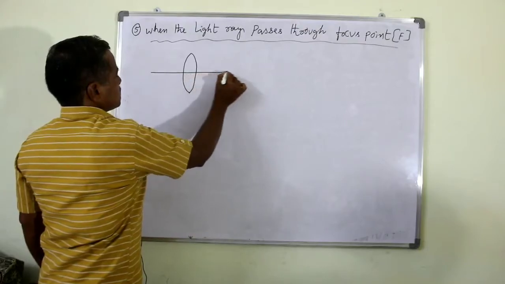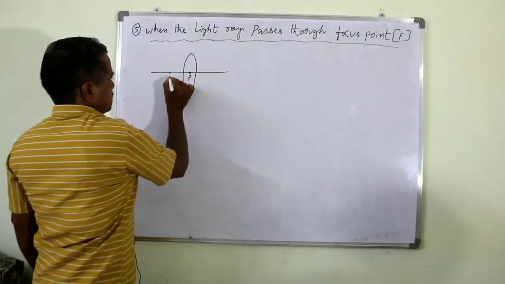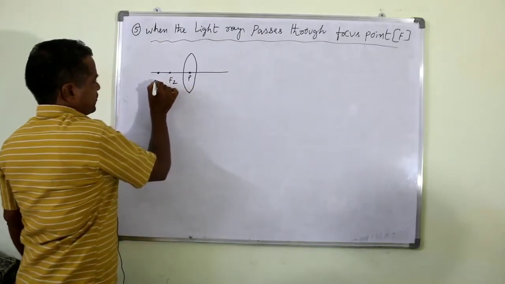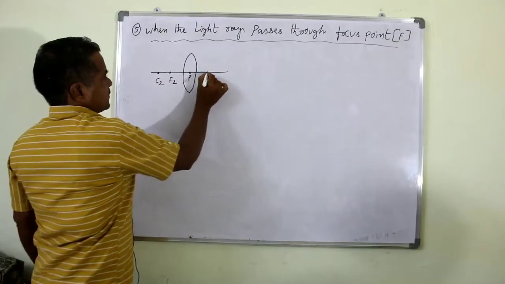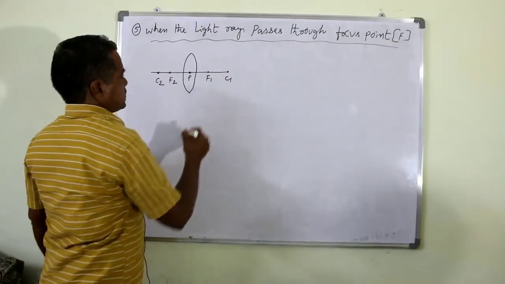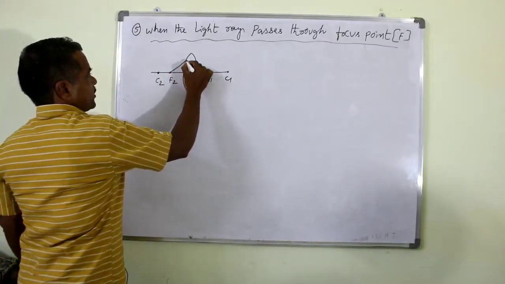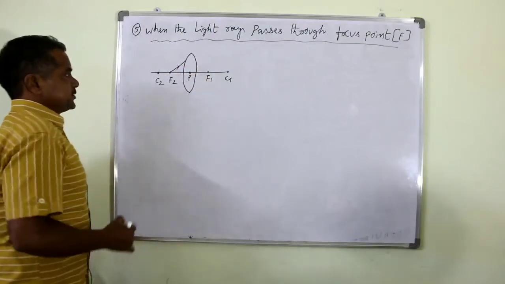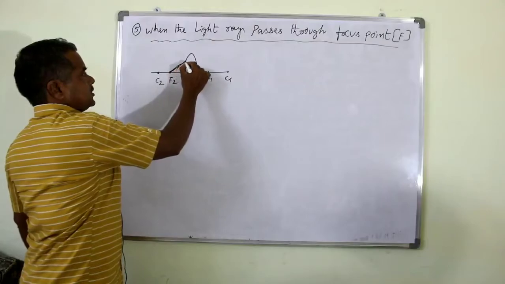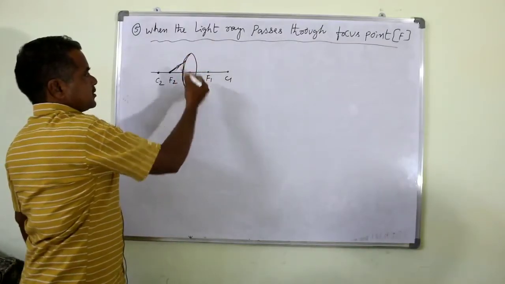This is principal axis, focus point for the second curved surface. So here the light ray passes through the focus point and is incident at one point on the first curved surface.